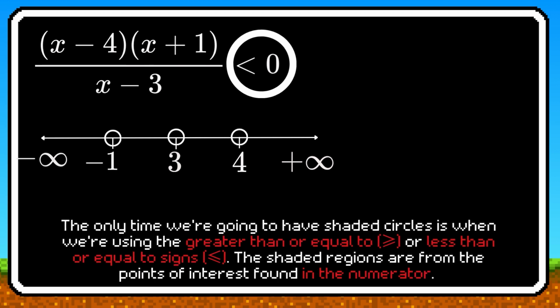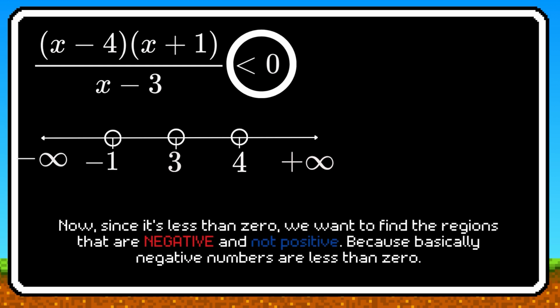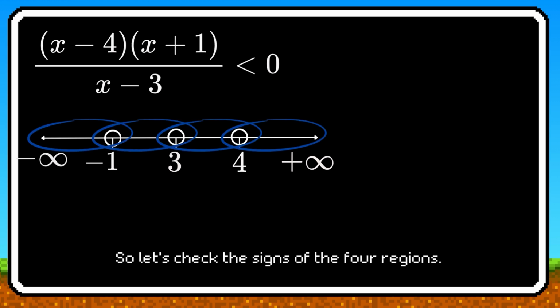The only time we're going to have shaded circles is when we're using the greater than or equal to or less than or equal to signs. The shaded circles come from the points of interest found in the numerator. Now, since it's less than 0, we want to find the regions that are negative and not positive, because negative numbers are less than 0. So let's check the signs of the 4 regions.